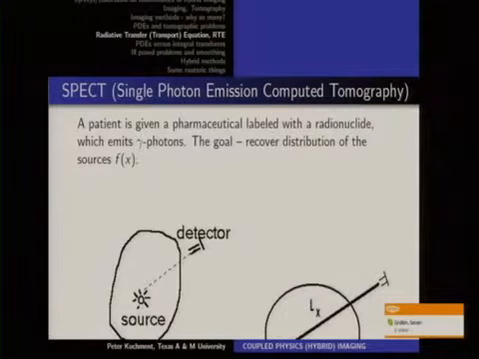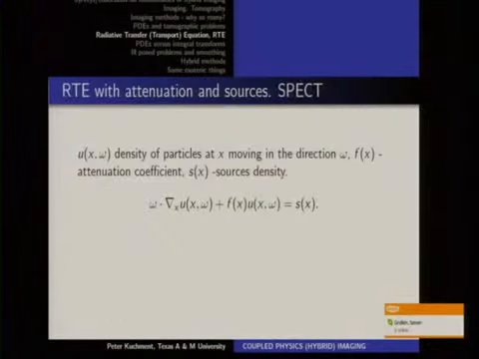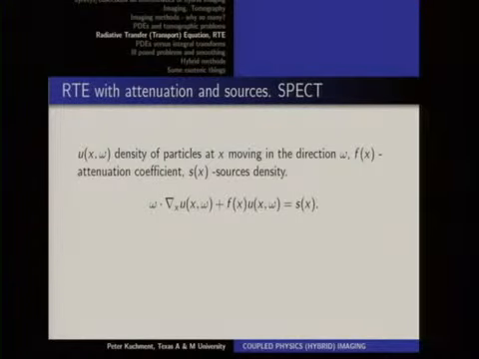Now let's see what is the PDE underlying this problem. Now we have another term, sources. So if you have sources that produce new particles, the balance equation will be like this. So this is just the change in the number of particles, and change can be due to what?